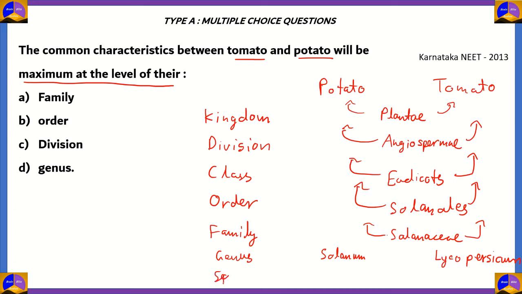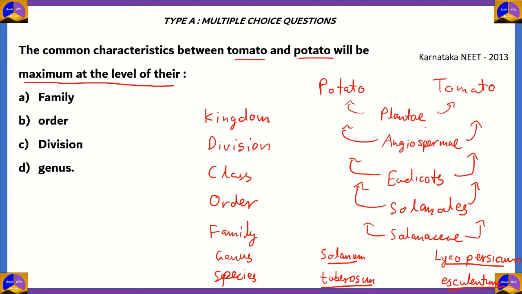If we look at species, the scientific name of potato is Solanum tuberosum, so tuberosum is the species for potato, and for tomato it's Lycopersicum esculentum, so esculentum is the name of the species.